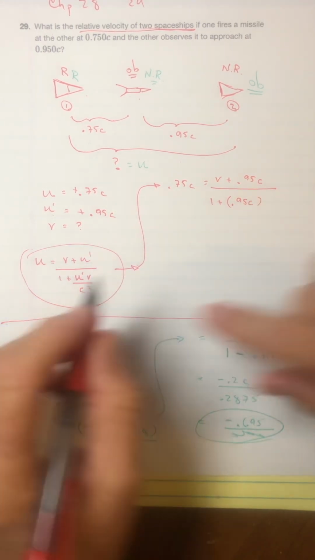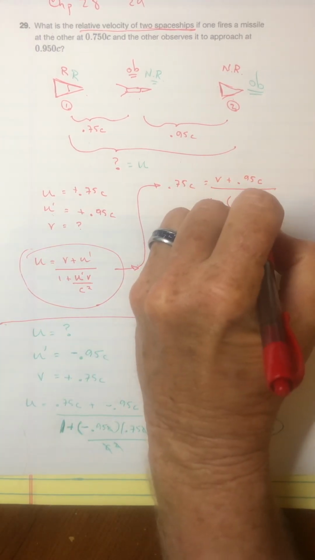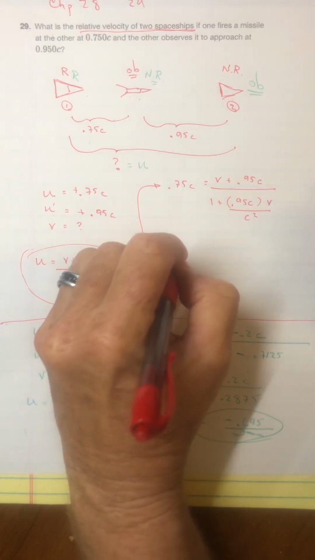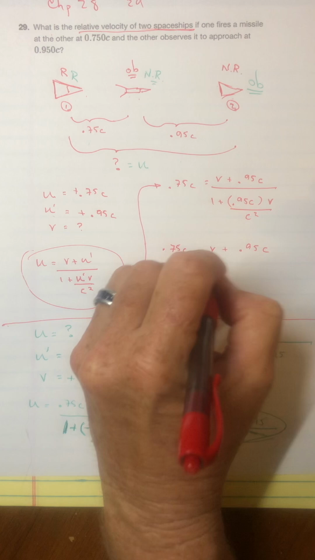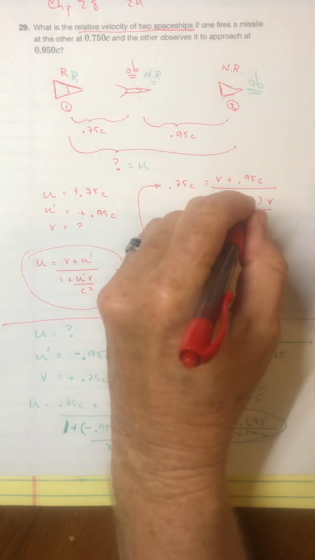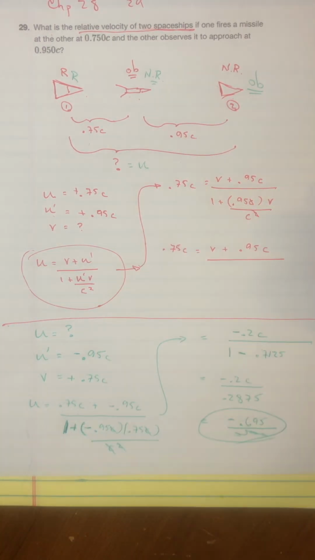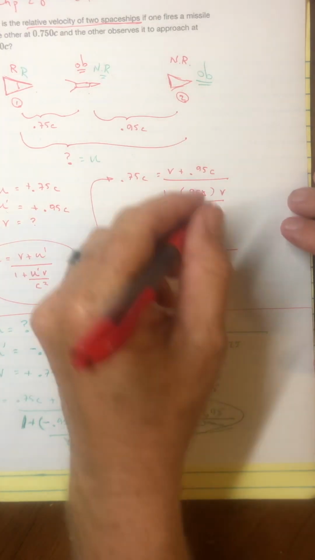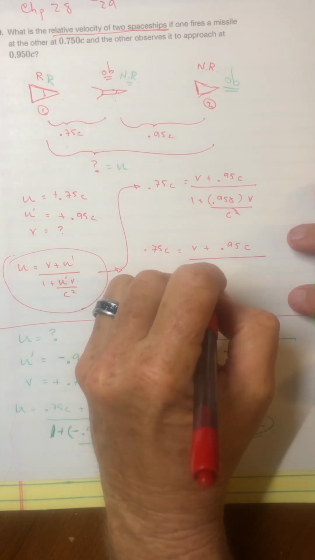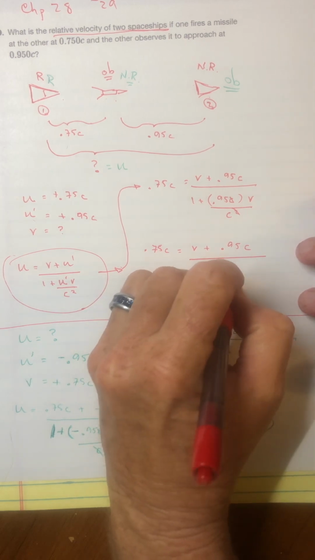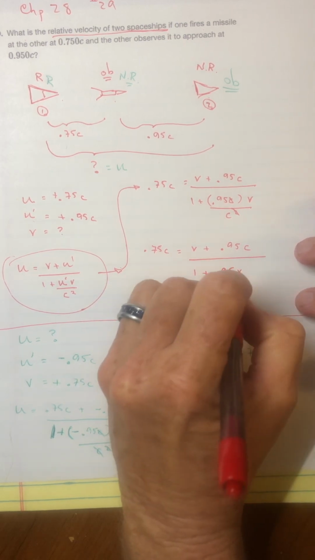And the v is the unknown, and then c squared. That simplifies. We're going to have a few steps of math here, but let me cancel at least one of the c's, and we will get something like 1 plus 0.95v over c.